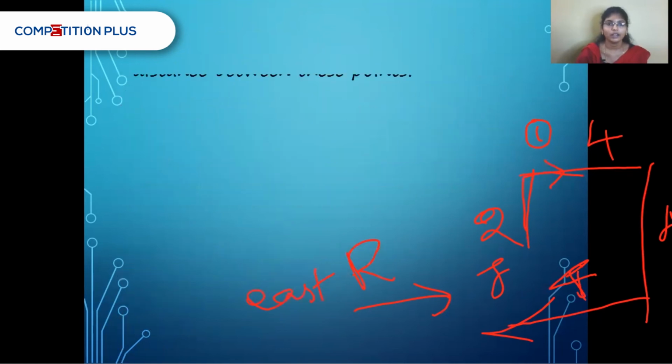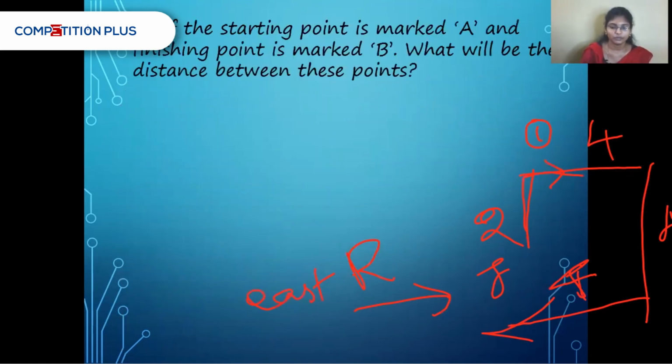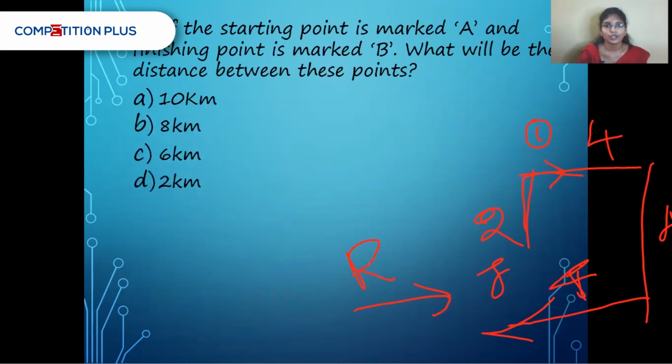What is the next question? If the starting point is marked as A, let us mark it as A, and the finishing point is marked as B. This is the finishing point, right?